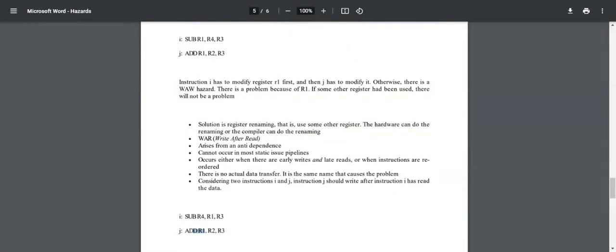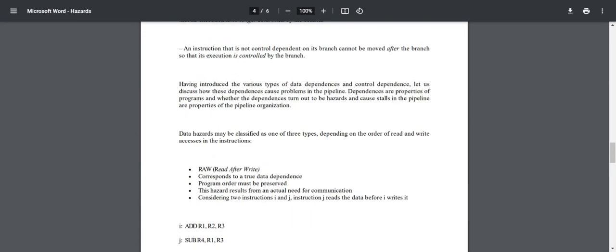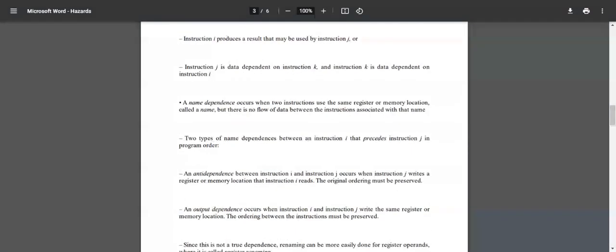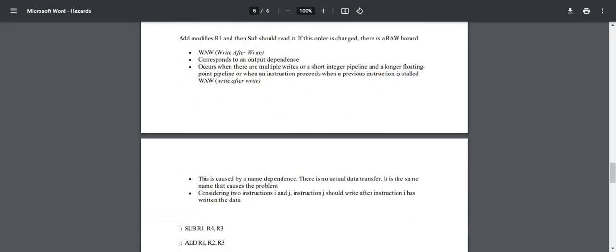So in a nutshell, let us look at what should ideally happen in these three different kinds of situations. First one was read after write. That means once the previous instruction has completed its memory writing operation, then only the next instruction should read the values from the memory.